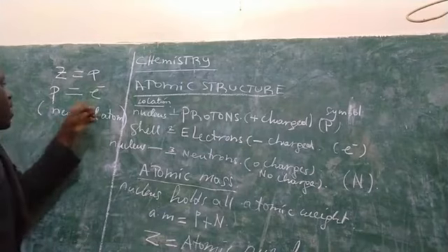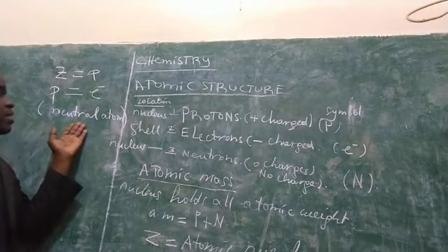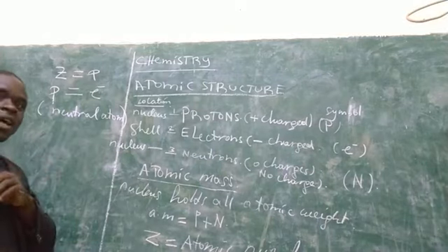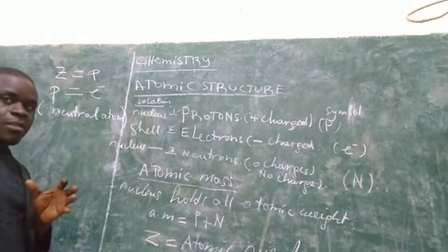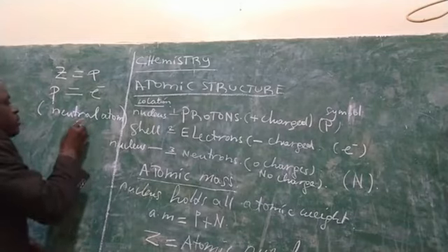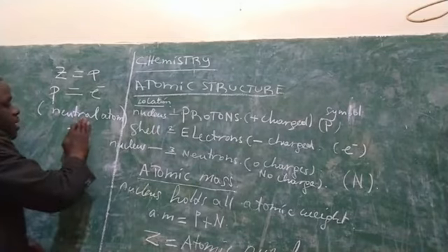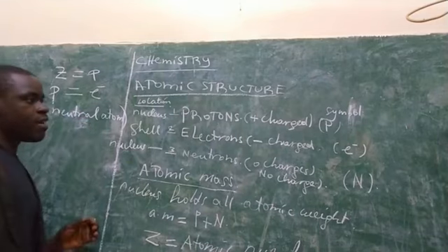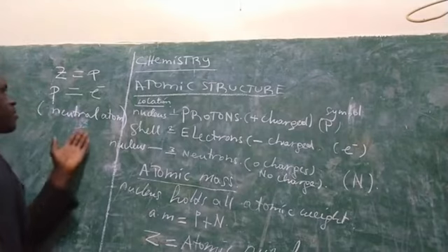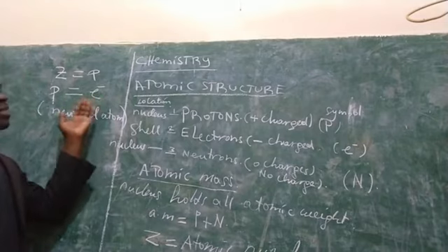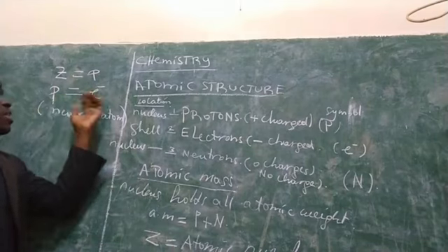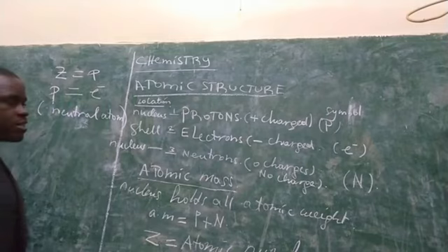So this one can vary depending on the status of the atom. When the atom is neutral, which means nothing disturbs it, I can say, let me not say stable, because neutrals can be stable, but still the number of protons is not equal to the number of electrons.